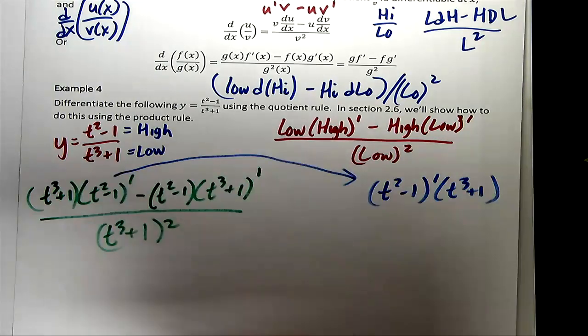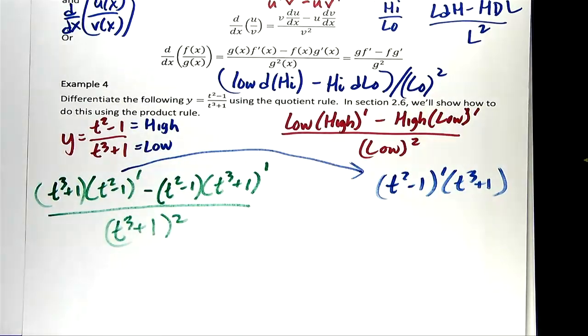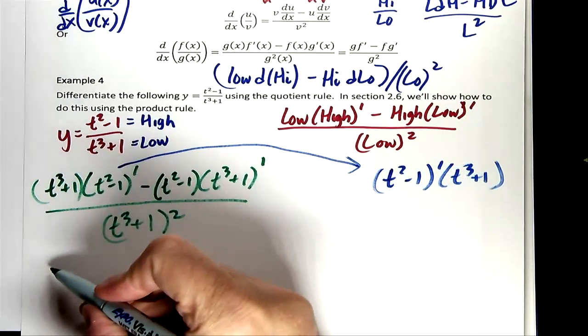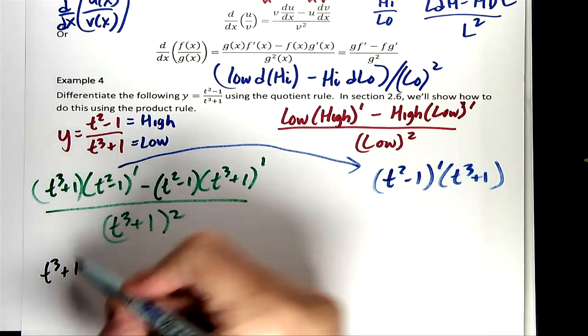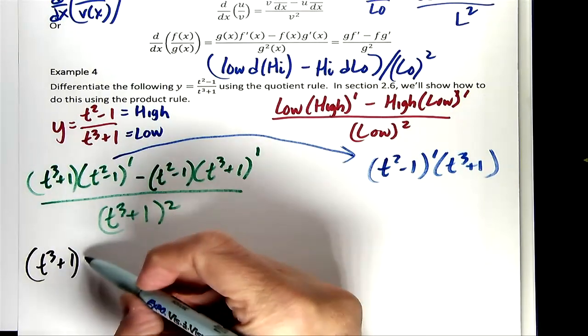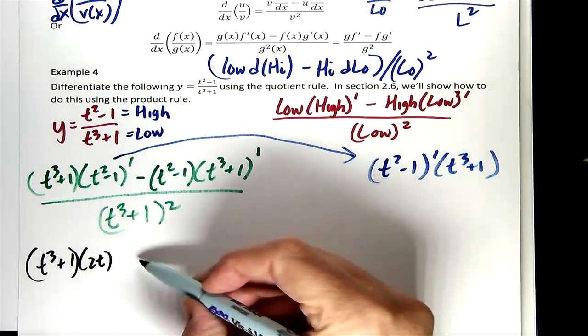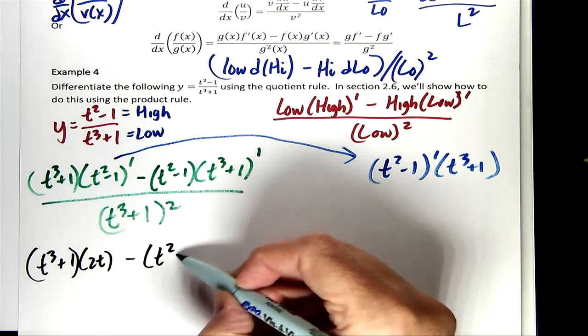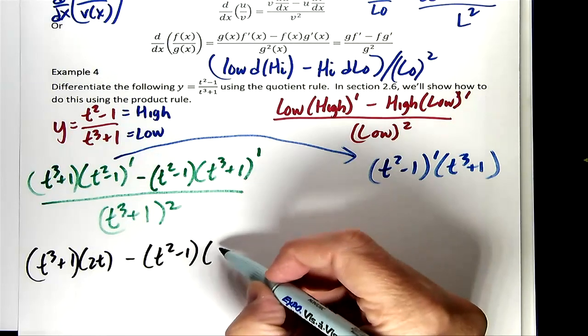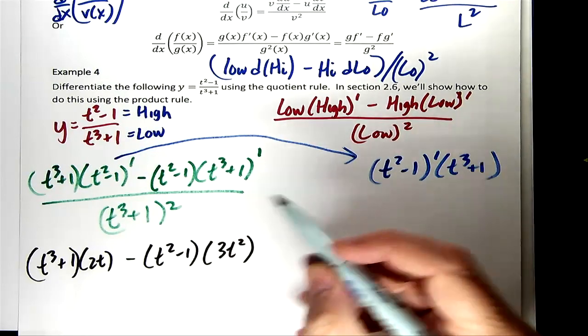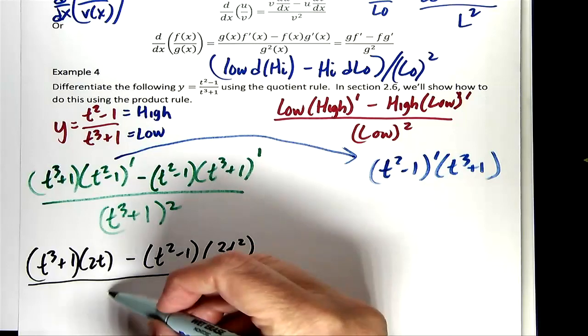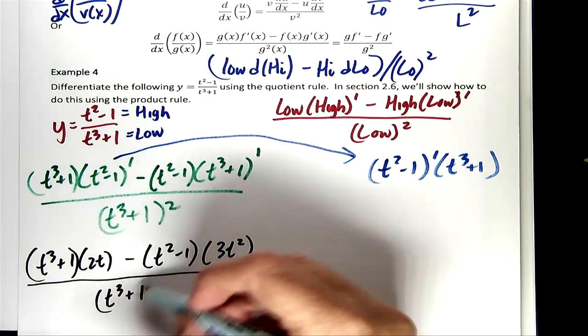Well, let's just figure out what they are. The derivative of t squared minus 1 is just 2t. And this is 3t squared. And we still have t cubed plus 1 on bottom, squared.